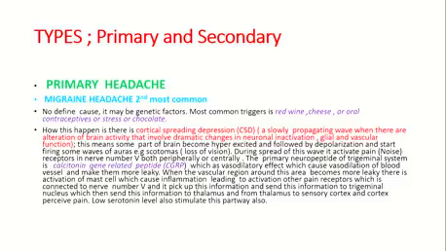When these impulses are sent to the nociceptors, they activate the primary neuropeptide in the trigeminal system, calcitonin gene-related peptide, which has a vasodilatory effect.